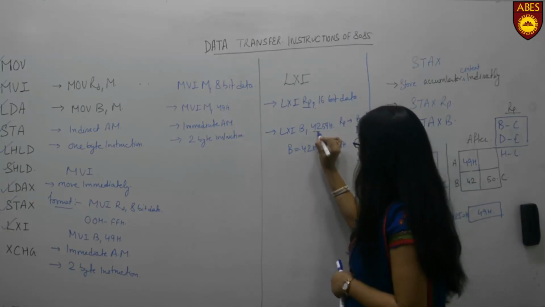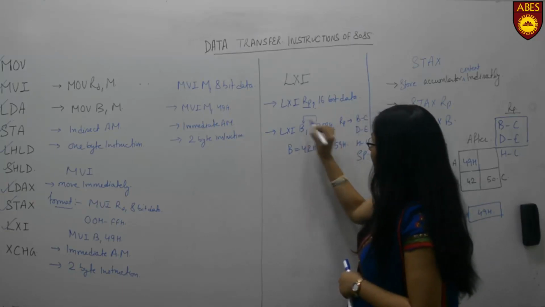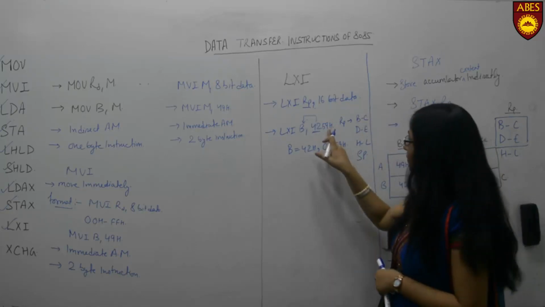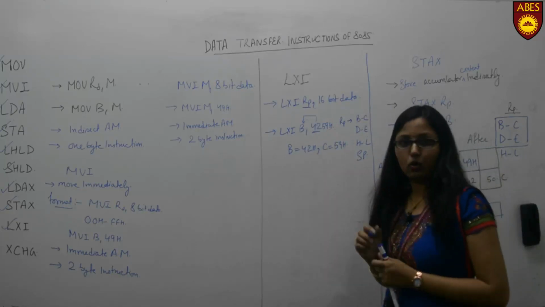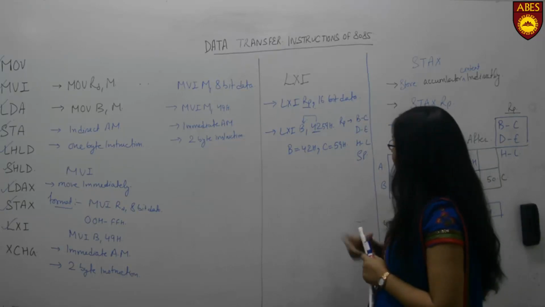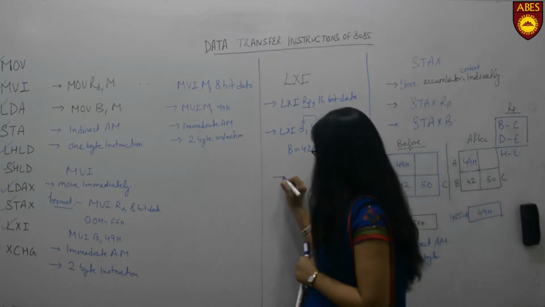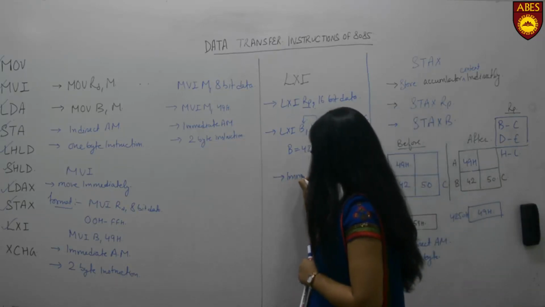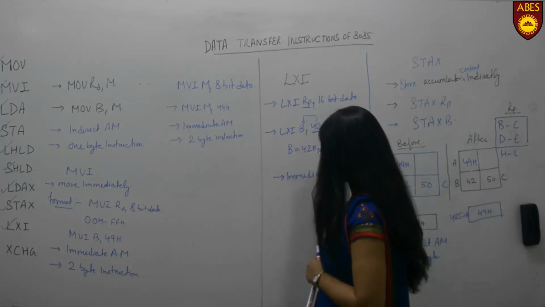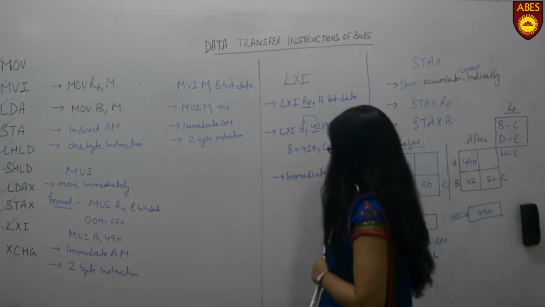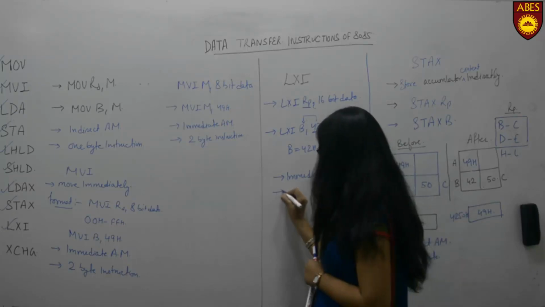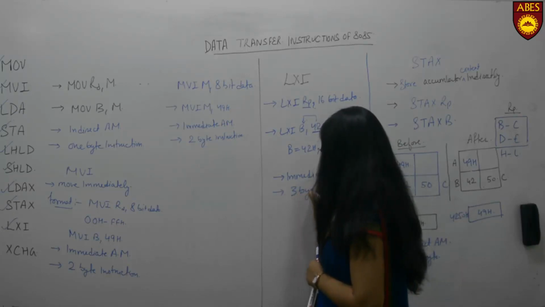The higher order byte is placed into the higher register and the lower order byte 59H is placed into the lower register. This instruction belongs to immediate addressing mode and is a 3-byte instruction.